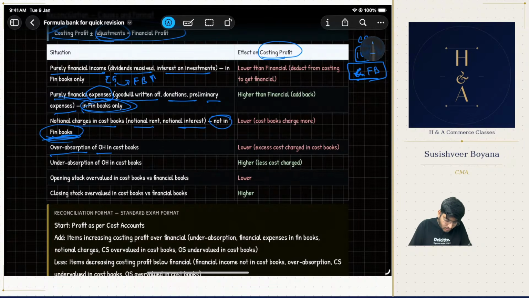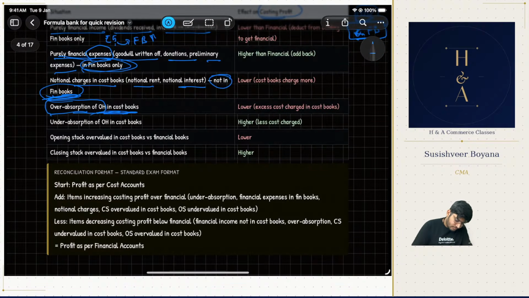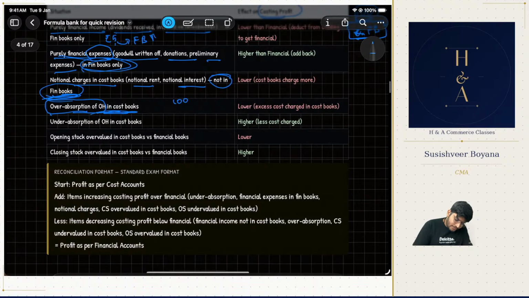Overhead absorption, or over absorption of overheads. Actual is only 120, but I have absorbed 160. That means I have overbooked an expense in my costing books. Let us say I have 100 and 100.